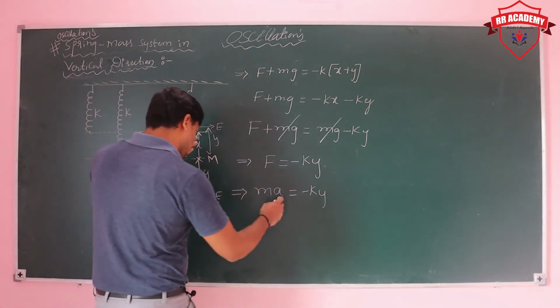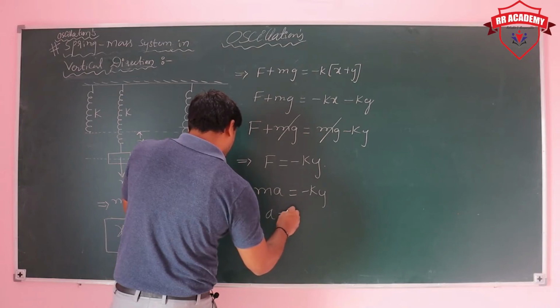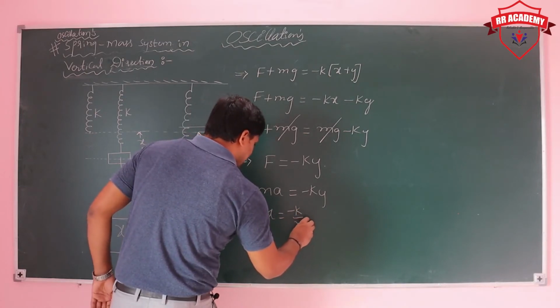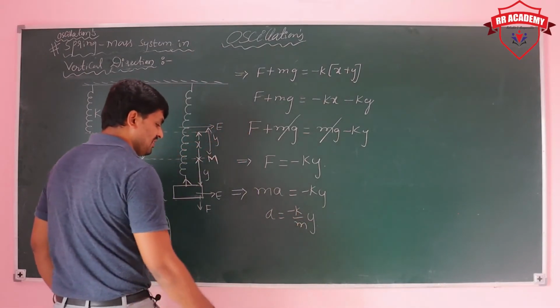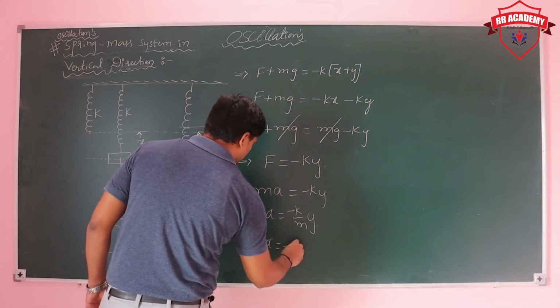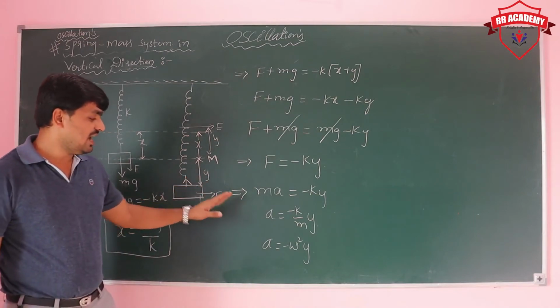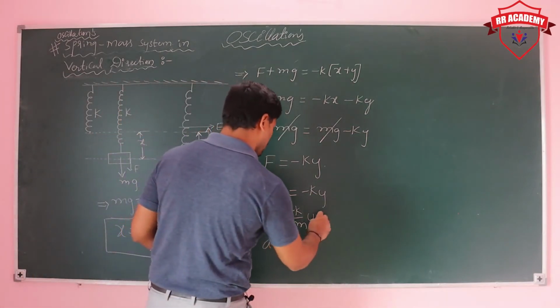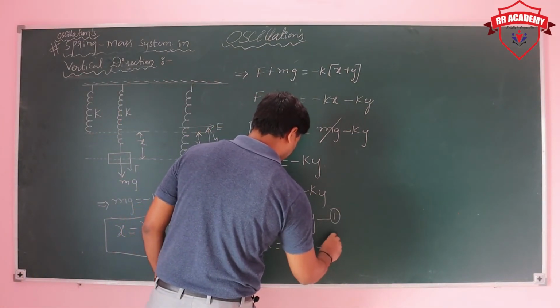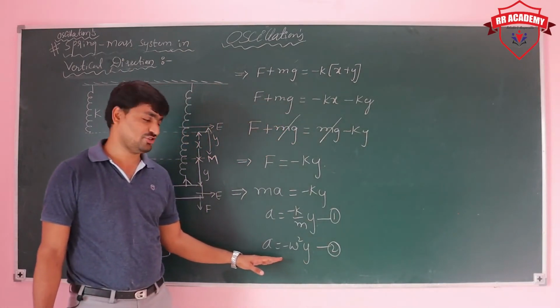So now what we are writing here is a is equal to minus k by m into y, and again a is equal to minus omega square into y, because this is from the simple harmonic motion equation.